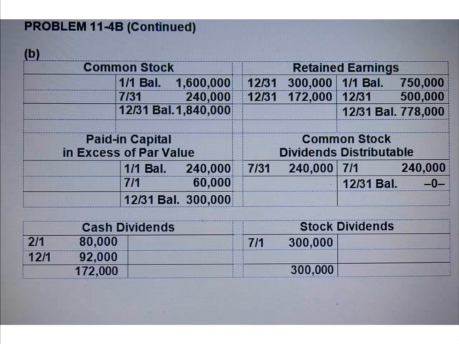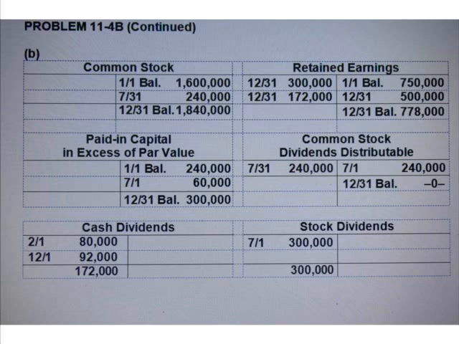We've said that dividends decrease retained earnings, and that includes both cash dividends and stock dividends. So if we look at the stock dividends account, we have a debit there of $300,000, so we have to put the debit into retained earnings. And then in terms of cash dividends, we have a debit of $172,000, which also has to be reflected as a debit in the retained earnings account.